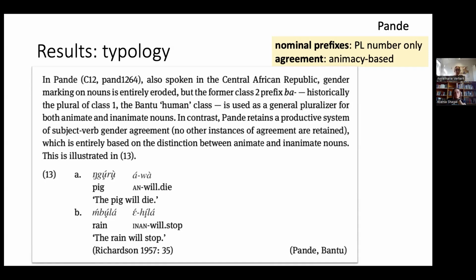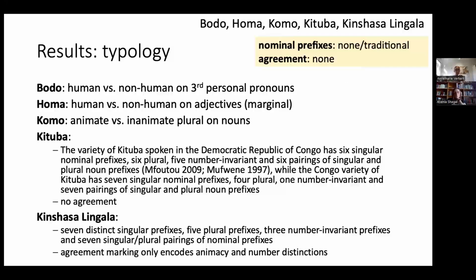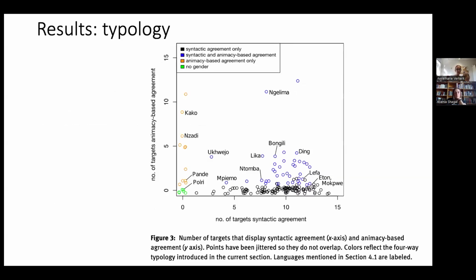And then there are languages which have even further lost their gender entirely. And this is also the case, which is important for you guys to remember, for two creoles or contact varieties of Bantu, which are Kituba and Kinshasa Lingala. So again, we are always contrasting these two things, syntactic agreement versus animacy-based agreement.